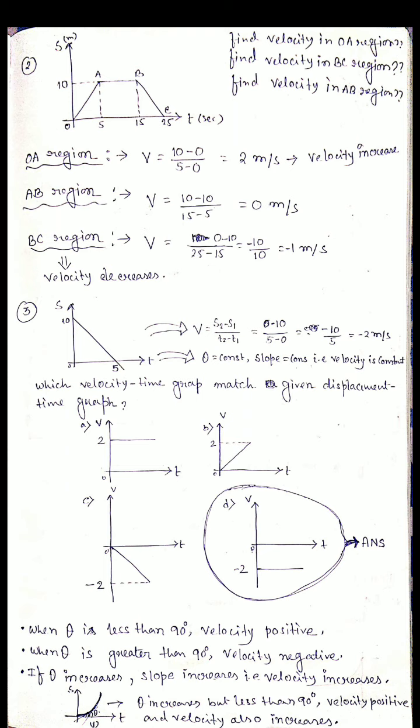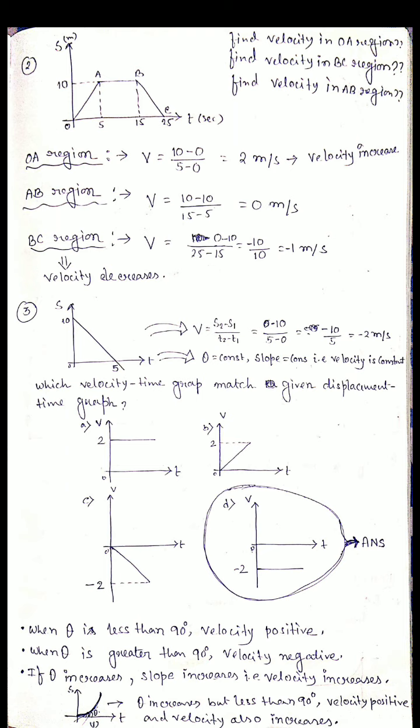So if theta is less than 90 degree, then velocity is positive. You remember this one. This is a shortcut method. You understand when velocity is positive and when it is negative. In this case, with S2 minus S1 by T2 minus T1, if you put the values and it comes negative, that means negative velocity. If positive, then positive velocity. So this is a shortcut method. You can remember this one.